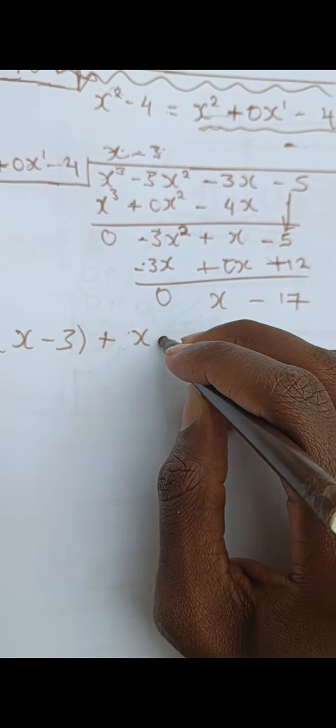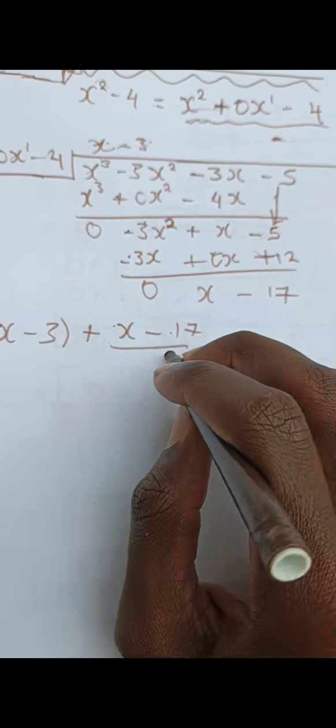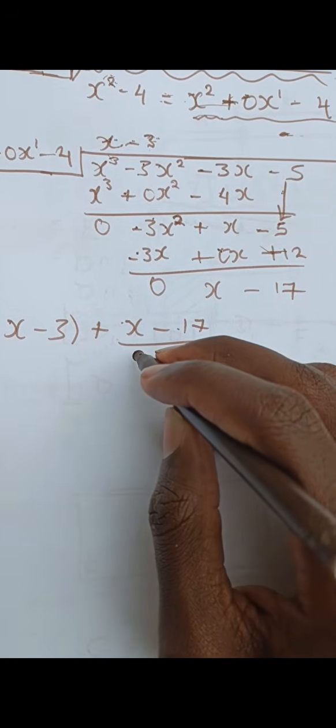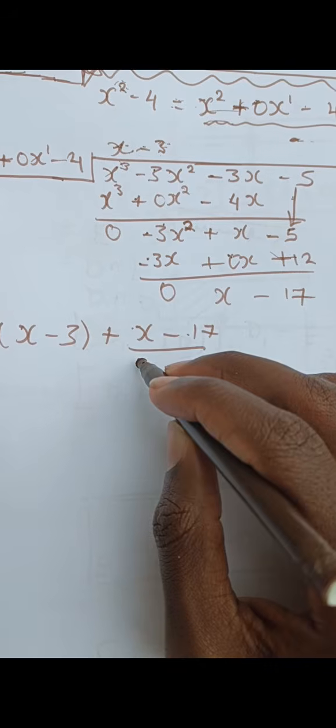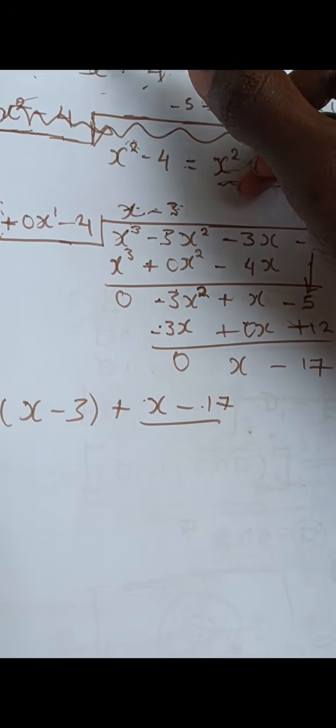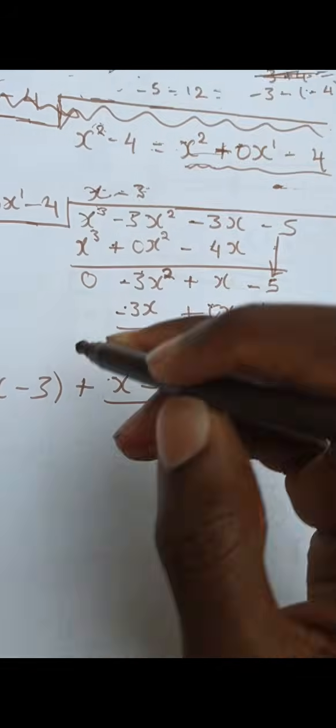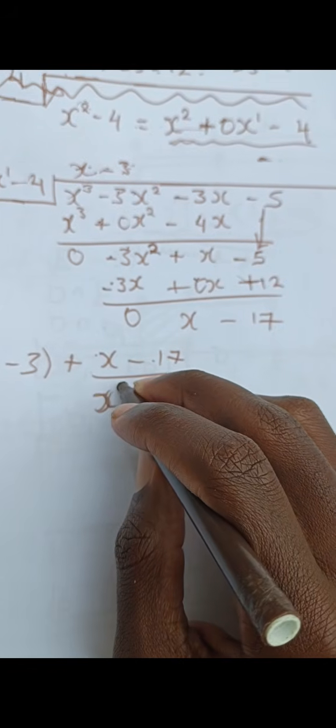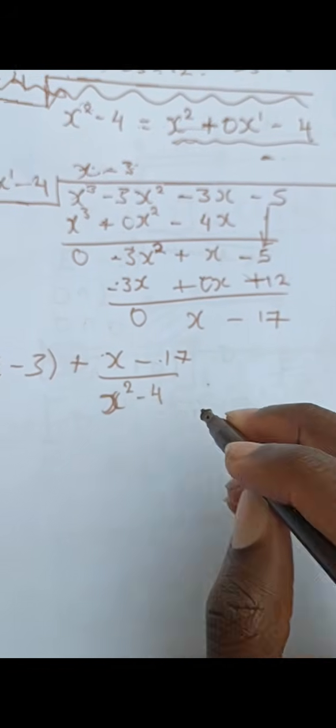So our numerator is going to be x minus 17 over the denominator, which was initially there, x power 2 minus 4.